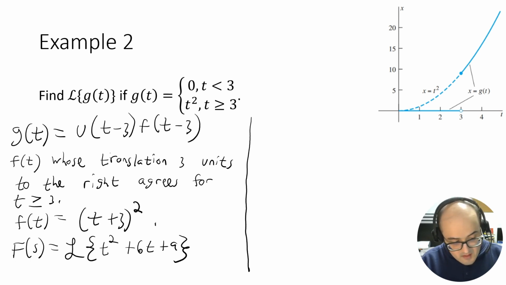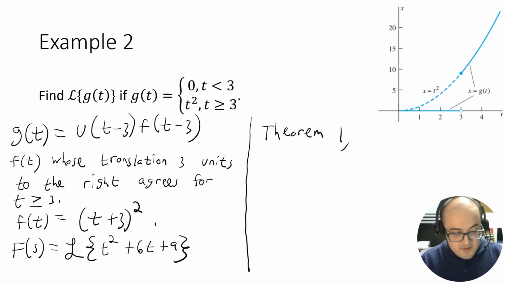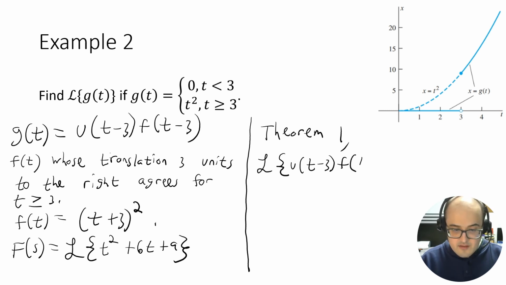Okay, so by doing that, we are going to apply theorem 1 again. That Laplace transform of u of t minus 3 times f of t minus 3 is going to be e to the negative 3s times F of s.